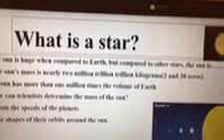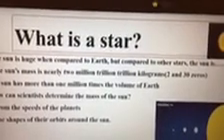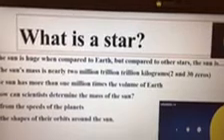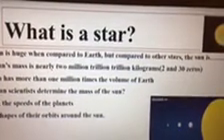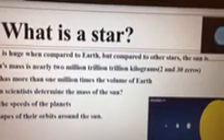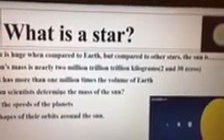The sun is huge when compared to Earth. But compared to other stars, the sun is what? Who can tell me? Yes, medium.